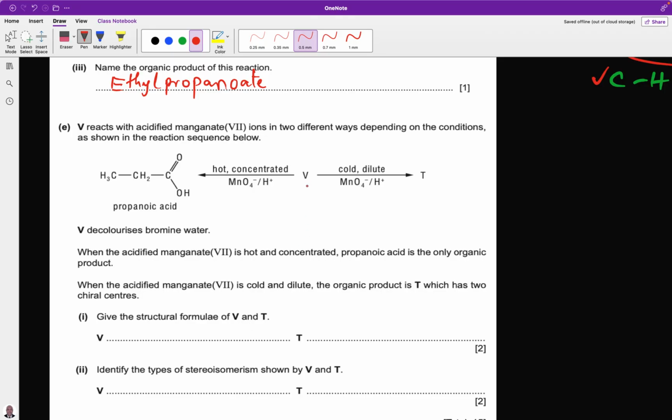Once more for the purpose of revision. If you go back to our video on oxidation of alkenes with hot concentrated acidified manganate 7, you will see that under this harsh condition, the double bond in the alkene is broken.